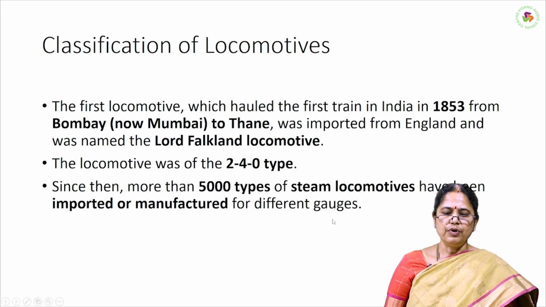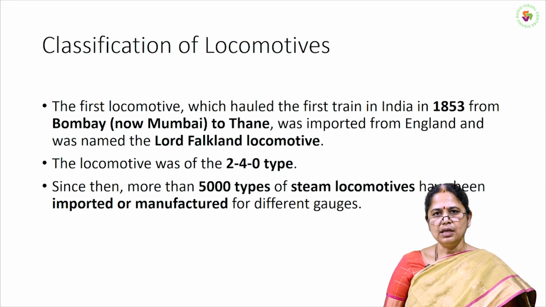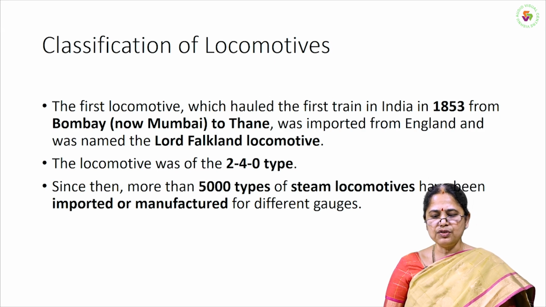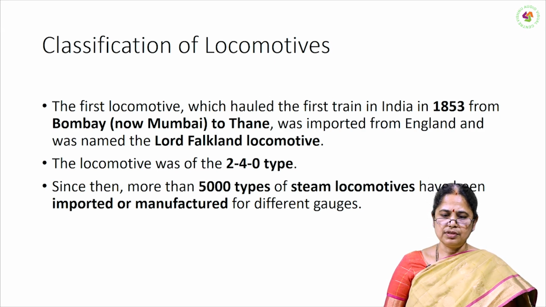This type of locomotive was the 2-4-0 type, which describes the wheel pattern of the locomotive. More than 5,000 types of steam locomotives have been imported and manufactured for different gauges.